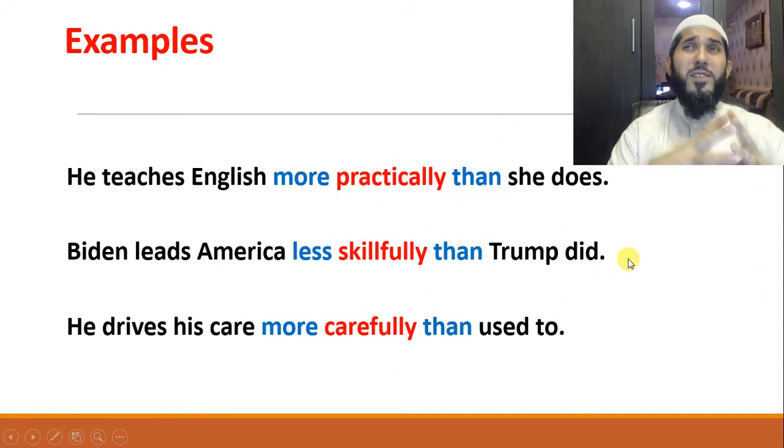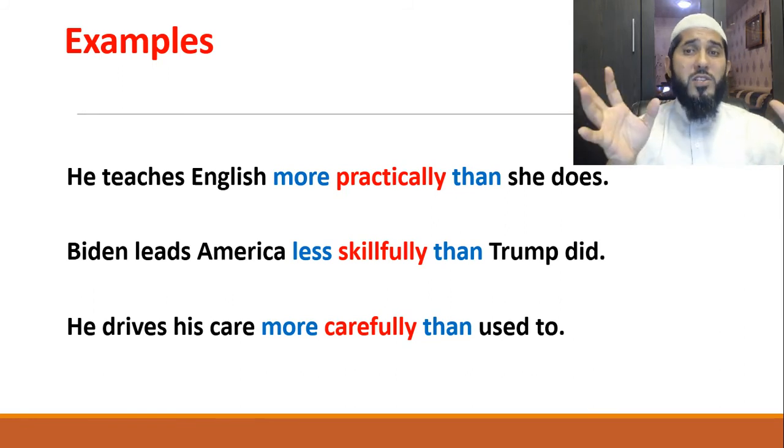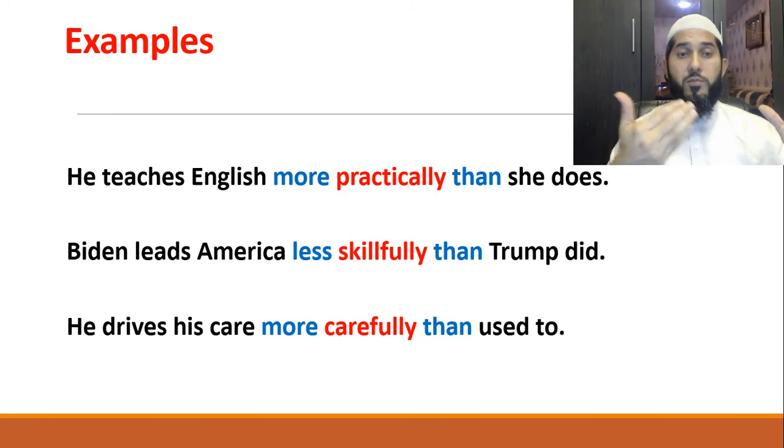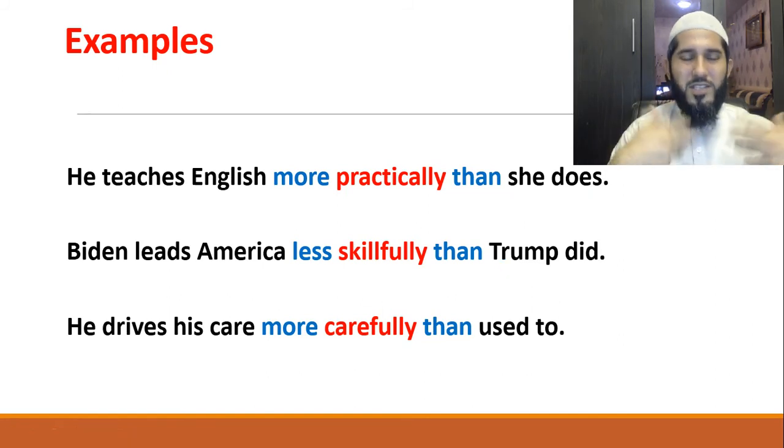But it is also possible that you compare two actions which are related to the same person. For example, Biden is leading America now, he's the president of the United States of America.